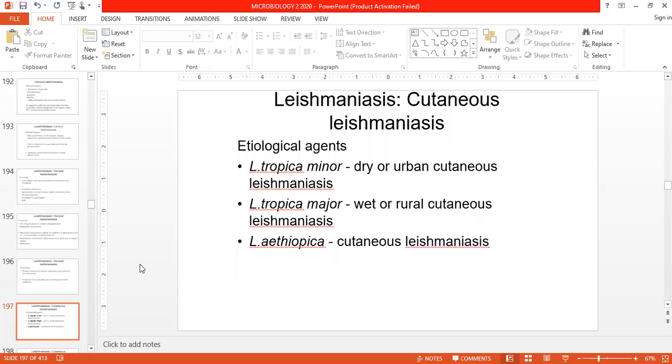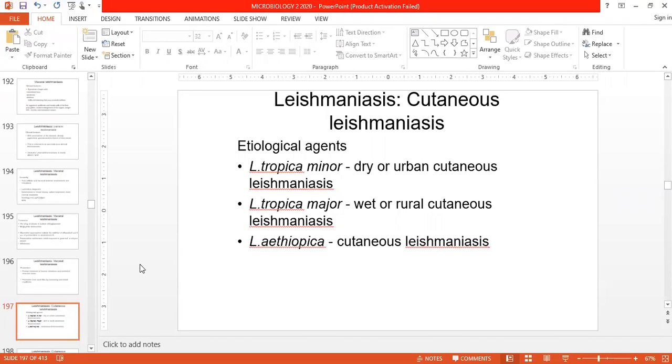So if we move on to the next one, which is cutaneous. This one, the etiological agents are three. We have the first one, Leishmania tropica minor, which causes the dry or urban cutaneous leishmaniasis. We have the major, which causes the wet or rural cutaneous leishmaniasis.